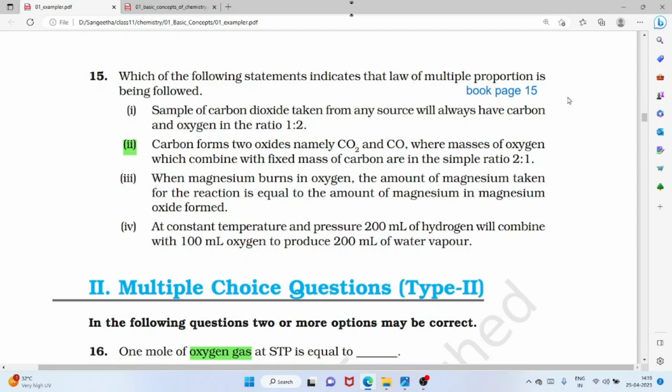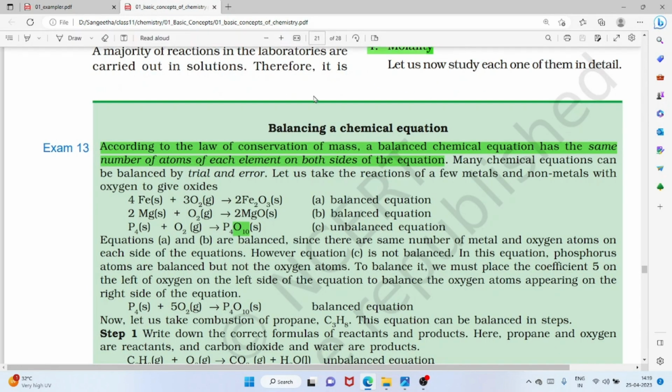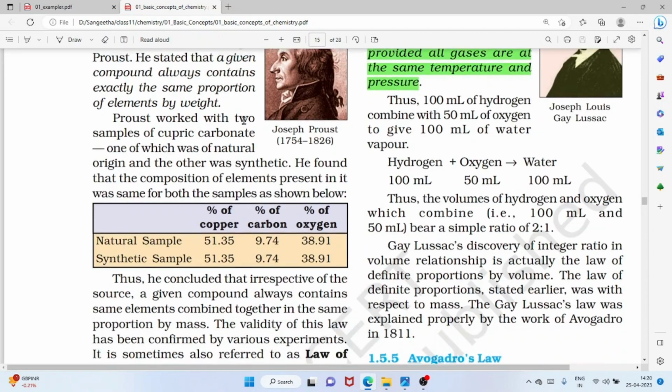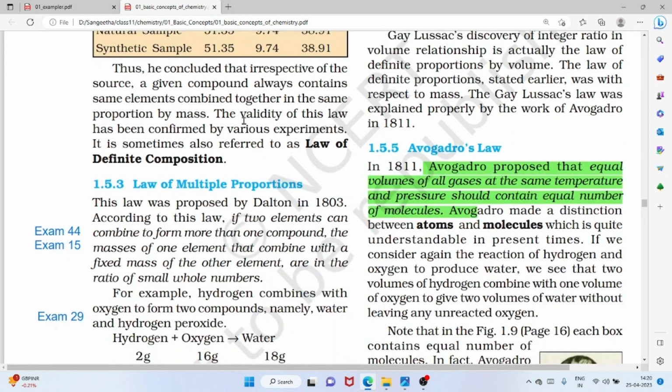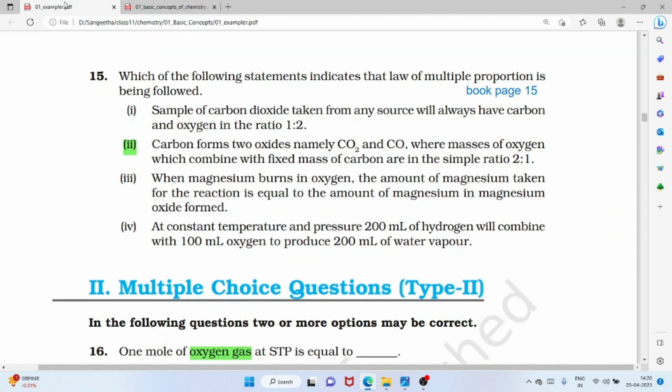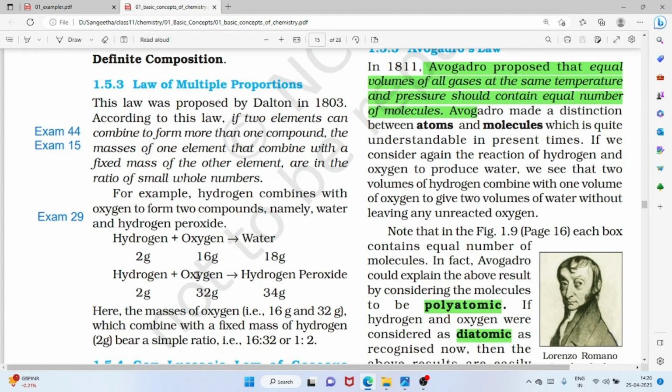Okay, this one is the correct. Law of multiple proportions. So you can go through this, how they explained.